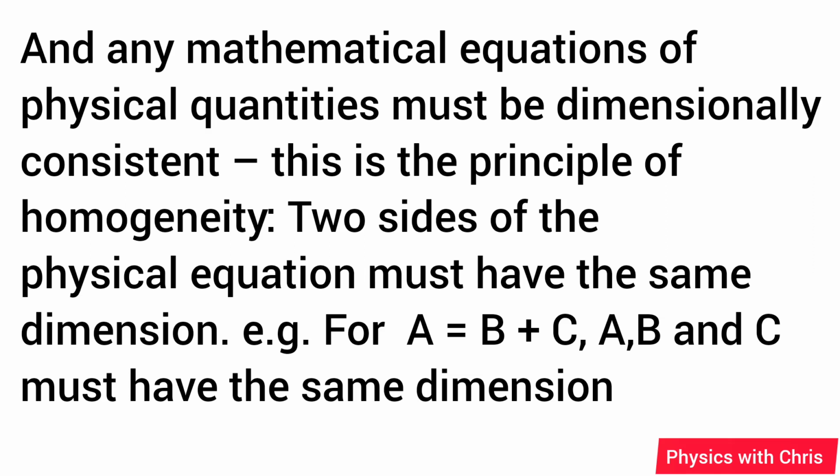Suppose, for example, we have the equation A is equal to B plus C. For A to be equal to B plus C, it means that A, B, and C must have the same dimension. So, in a nutshell, we cannot add quantities that have different dimensions.